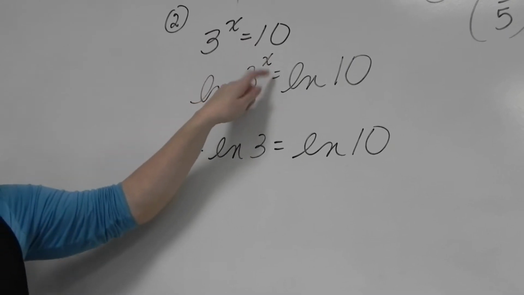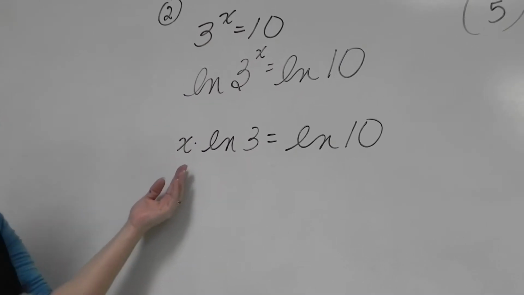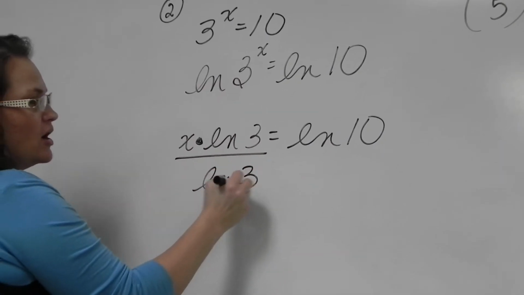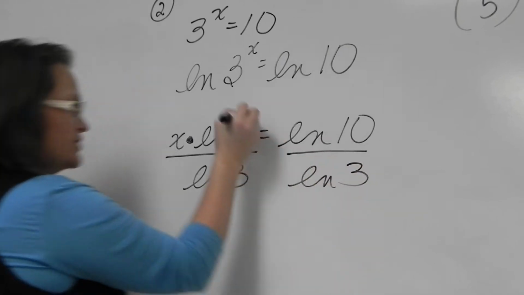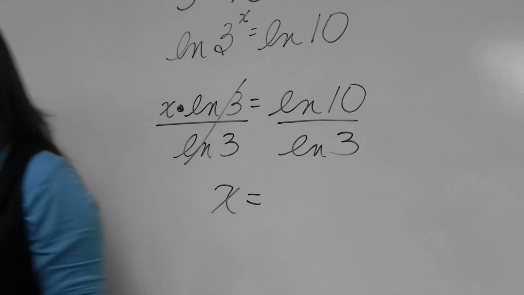That made this unknown exponent come down as a multiplier where I know how to work with it with my algebra rules. So x is multiplied onto that. Doing the opposite division will cancel that. And then I'll have x equals, and I can do that right directly on my calculator.